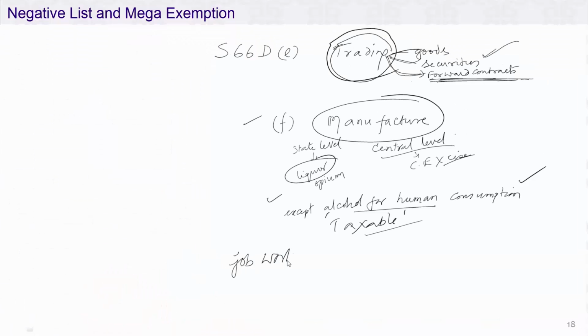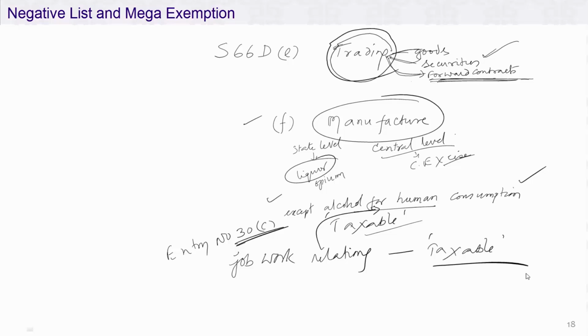Job work relating to, say, entry number 30, part C. So, under this, job work relating to alcohol for human consumption is taxable now. Earlier it was under mega exemption, now it is taxable.